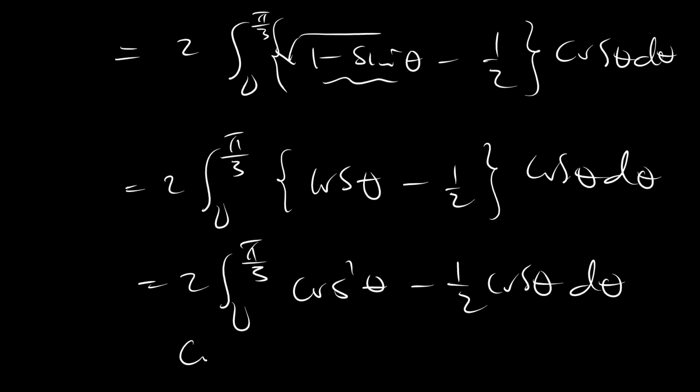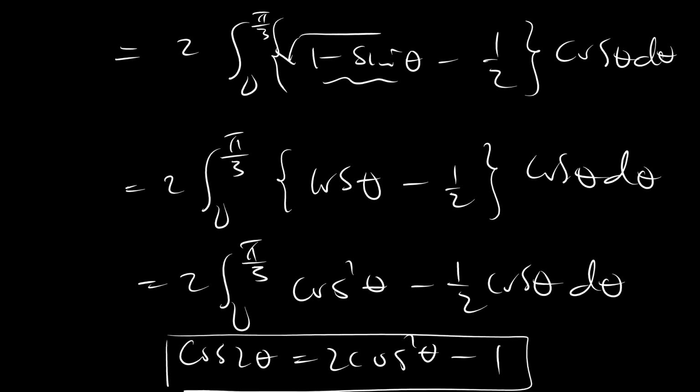Now, since cosine 2 theta is the same as twice cosine squared theta minus 1, using this identity, we can now substitute for that.